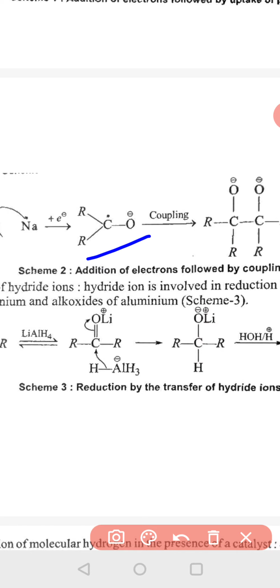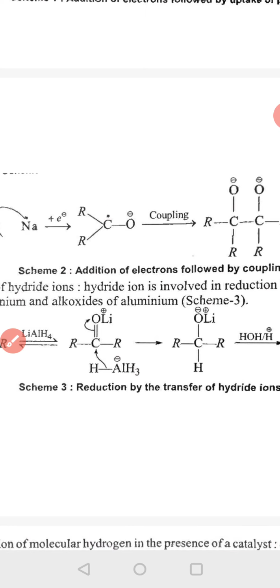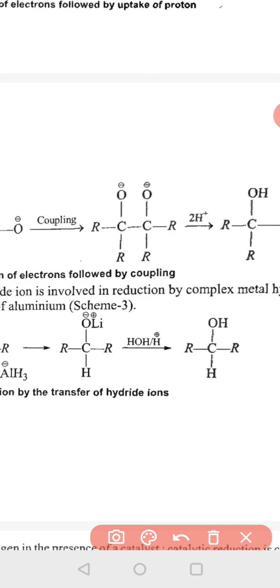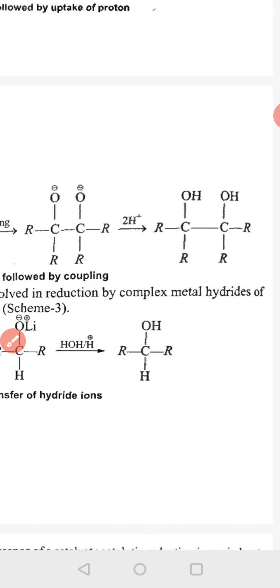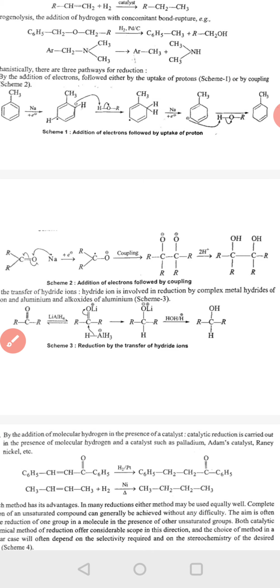The coupling occurs through this free radical carbon. This is the intermediate that we get. Two protons get attached to these anions, oxygen minus, and we get a product, diol. This is scheme 2 and it takes place through addition of electron followed by coupling of free radicals.